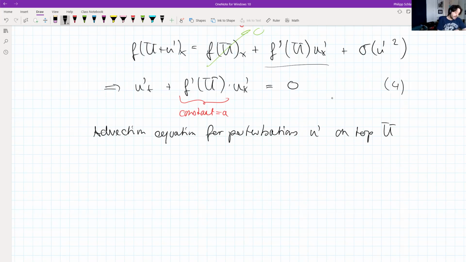And of course, now this is a linear equation. So now I can actually do a von Neumann analysis. So now let's just perform a von Neumann analysis, and I do that for equation number 4.